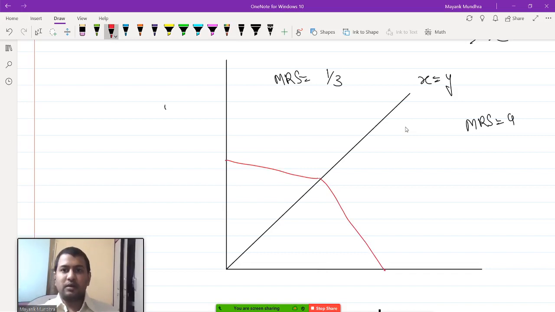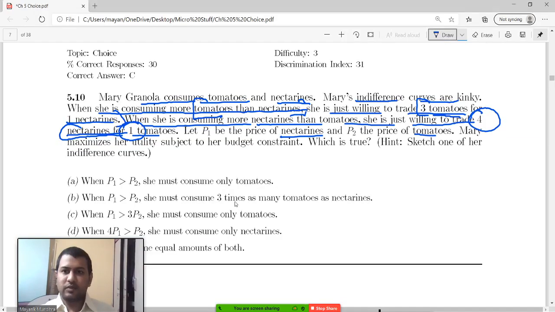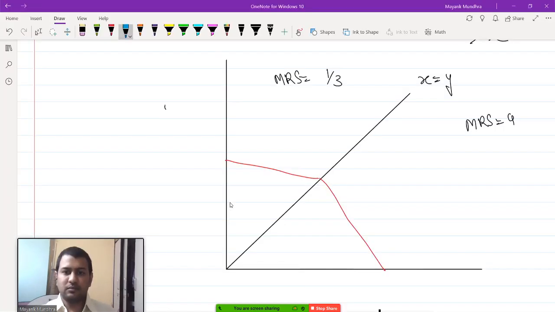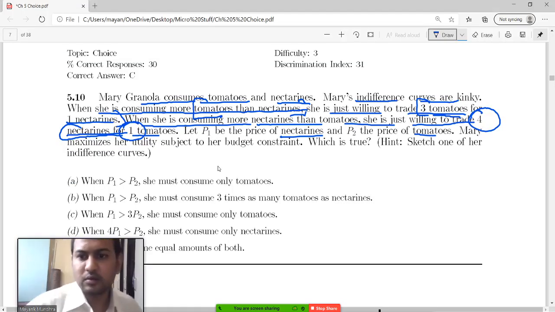Okay, now let's draw a budget line. So suppose the budget line is like this, very flat. Okay, no, sorry.